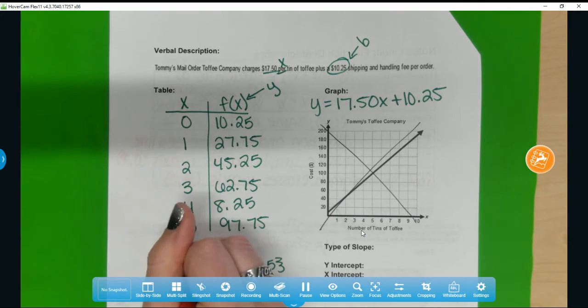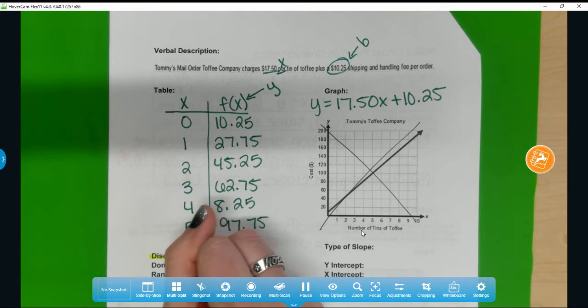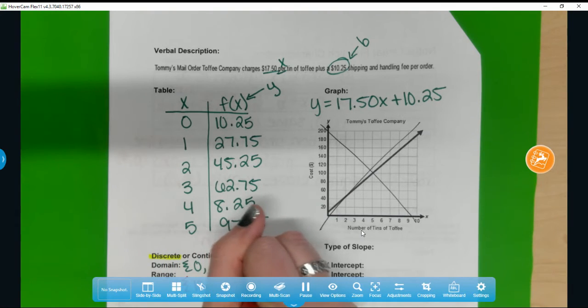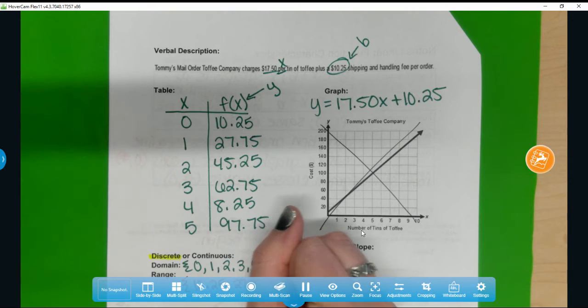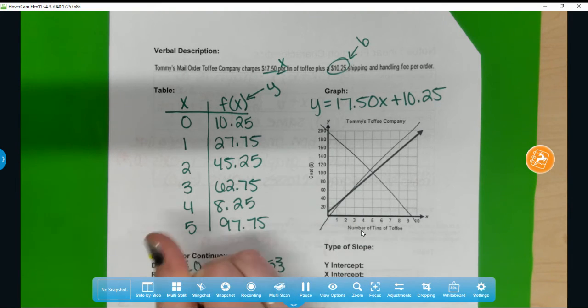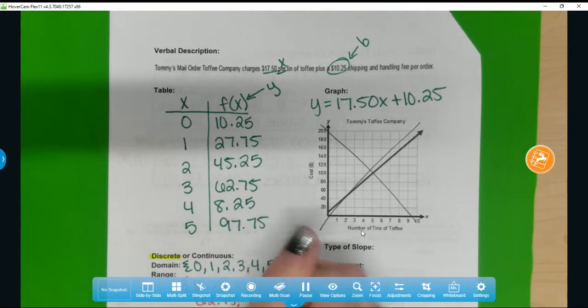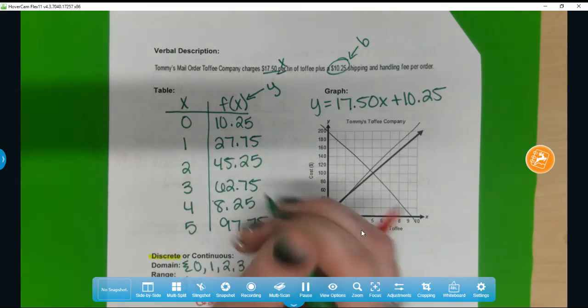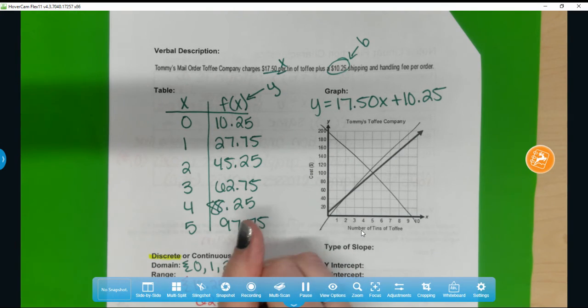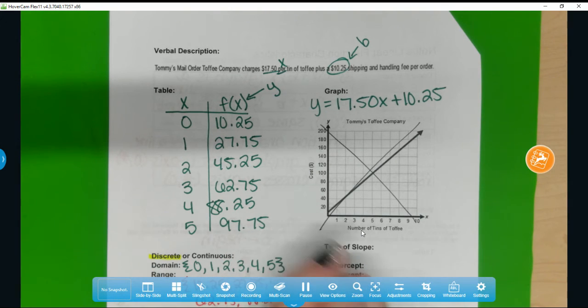Our range is going to be 10.25, 27.75, 45.25, 62.75, 80.25, and then 97.75.